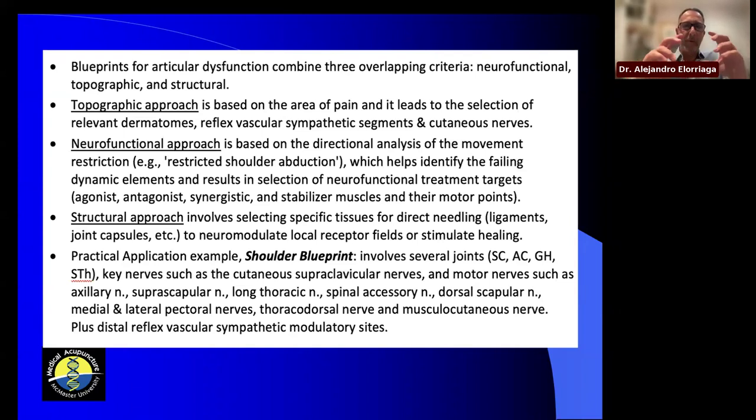That's the neurofunctional approach: which muscles move this, which nerves innervate the muscles, which cutaneous branches give off articular branches, etc. And the structural approach, what is here, which will be the companion of examination skills, learning to identify by palpation particular anatomical loci, and then declaring them or using them as treatment targets.